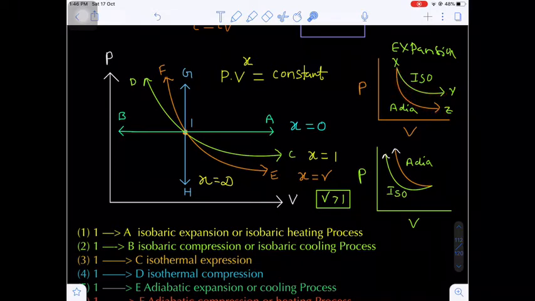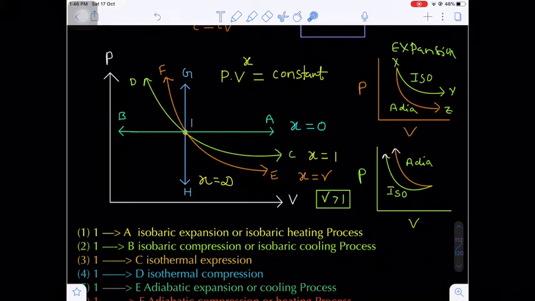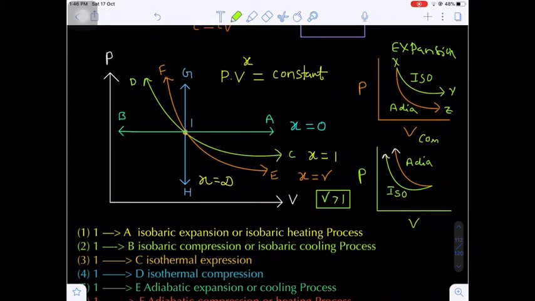So in the adiabatic expansion, the graph will be steeper. Are you getting my point? But the same thing, if you observe in case of compression, now the graph will be reversed. The upper curve will be the adiabatic reversible compression and the lower curve will be the isothermal reversible compression. Are you getting my point?